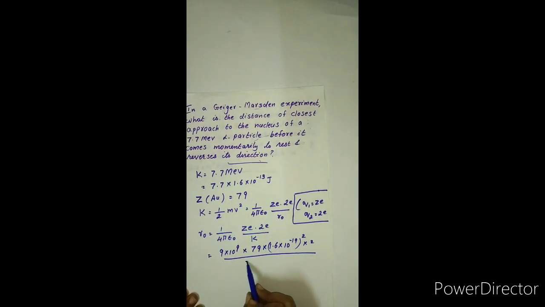What is the kinetic energy? 7.7 into 1.6 into 10 raised to minus 13 joule.